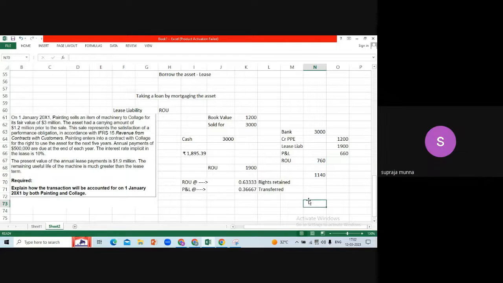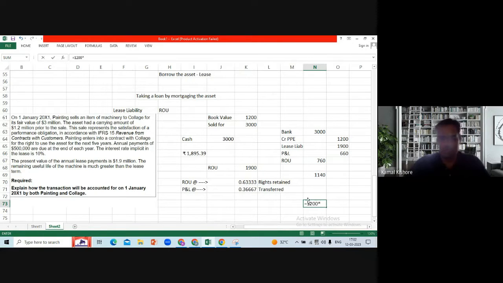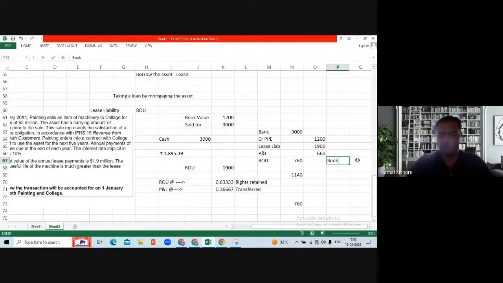So book value 1200 into rights retained, and this should be book value into the rights transferred.